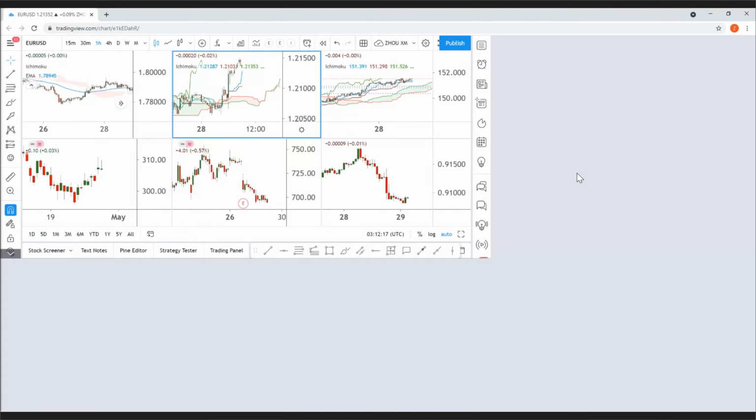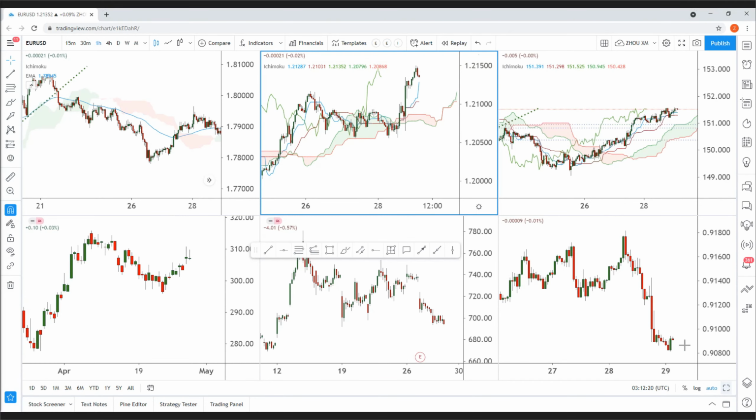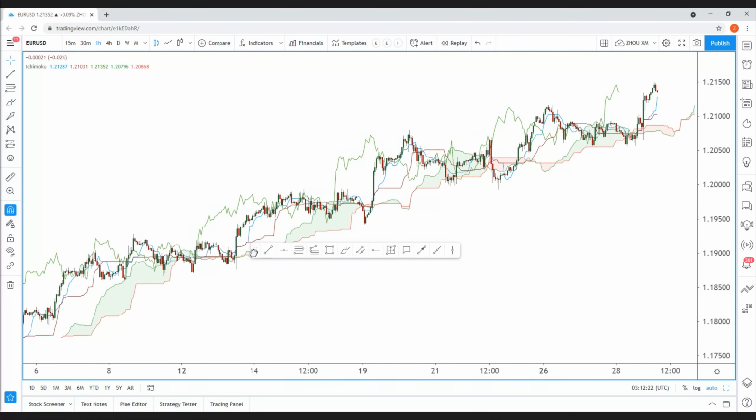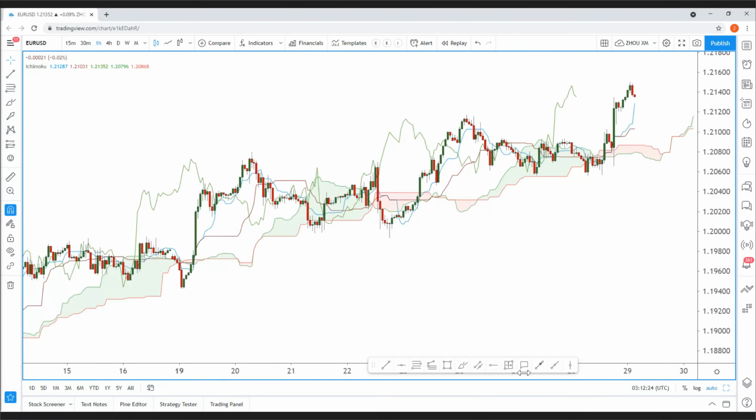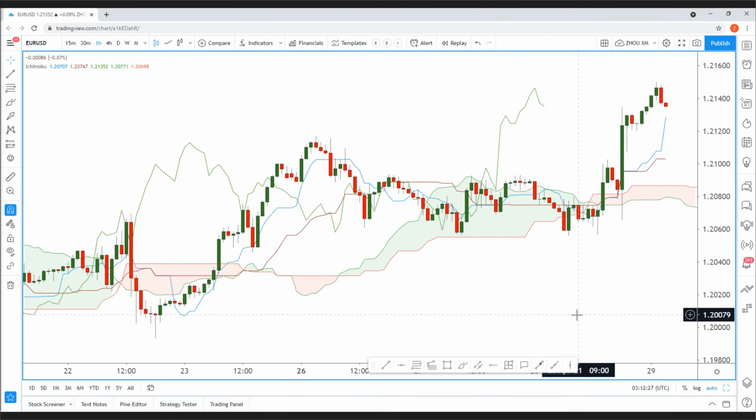Here I have my charts. I realized it is not very smart to cover everything last. It will be smarter if I go through the components of the Ichimoku cloud first, before showing you the calculation. It will be better so you all understand it better.